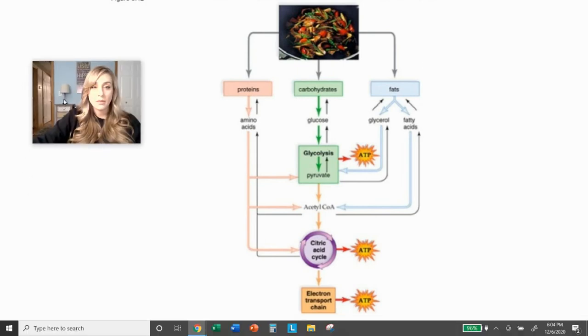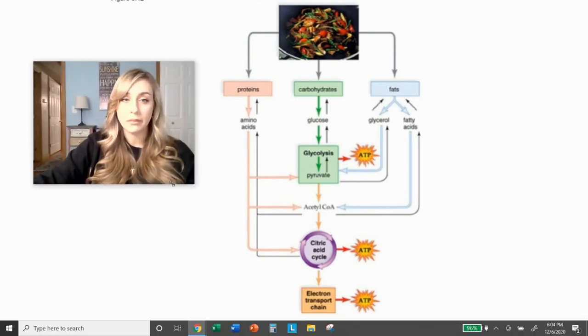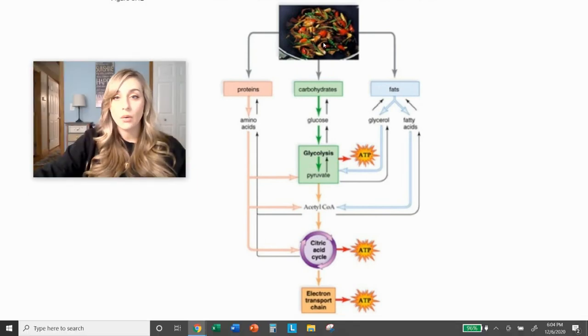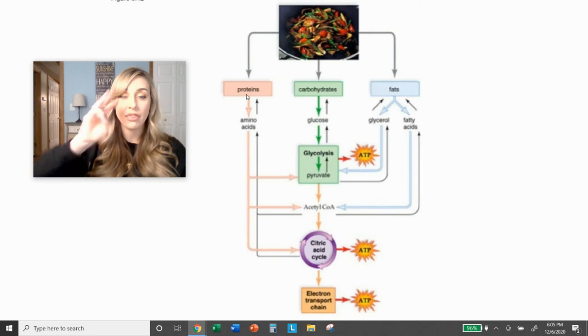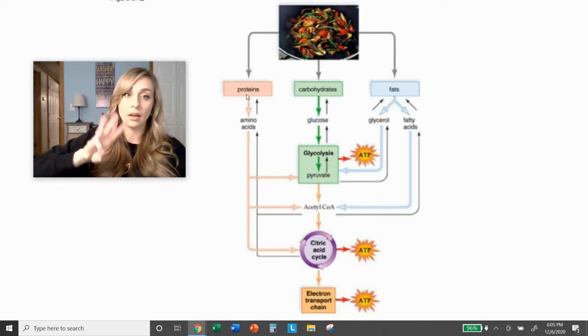This is where the other biomolecules come into play. We know carbs go in as glucose, which is broken down into pyruvate and so on. Proteins, in this picture up here, this is a pan with like a stir fry, so within this pan we have proteins, carbs, and fats. Proteins can enter at 3 different locations in aerobic respiration.